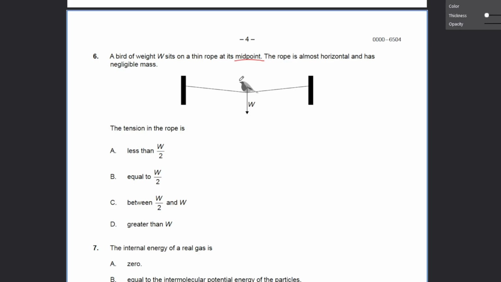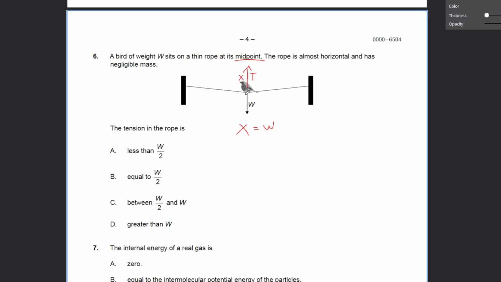Okay. So here we need to consider vertical equilibrium, because the weight down is going to be equal to the tension up if we consider this component here. So let's just call the magnitude of this tension some variable x. Well, therefore, x is equal to W, because of vertical equilibrium, our net force is 0.